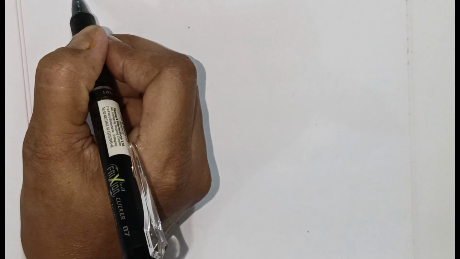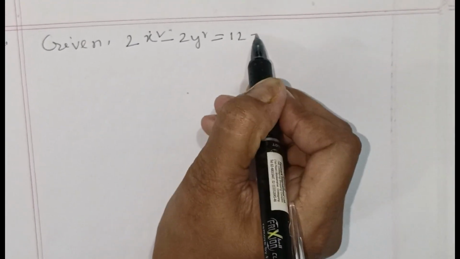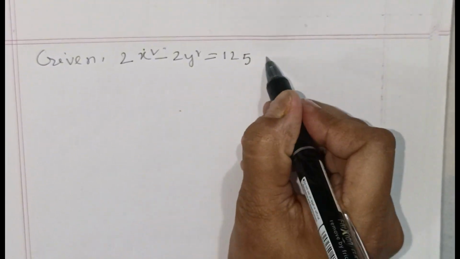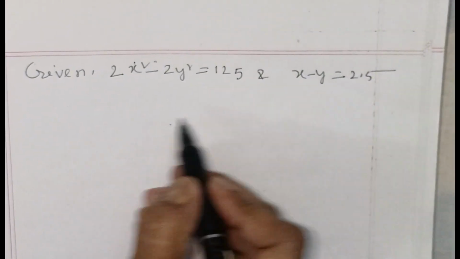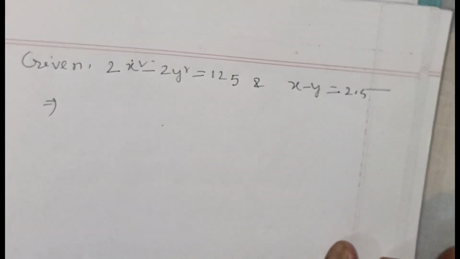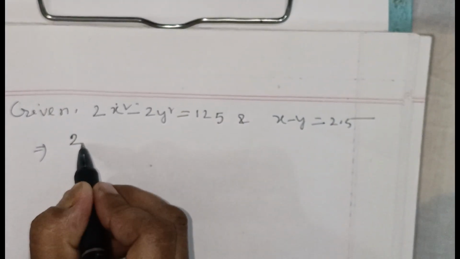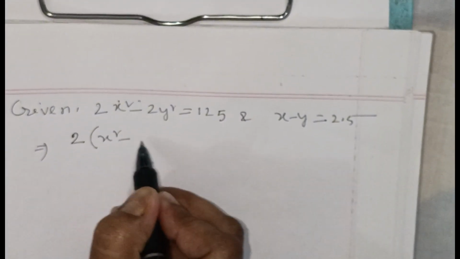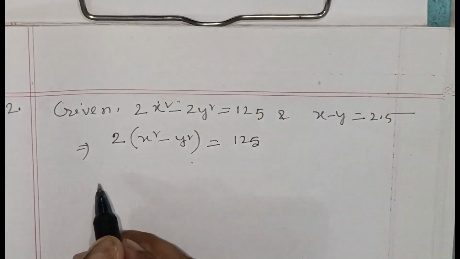Given 2x square minus 2y square is equal to 125 and x minus y here value 2.5. So I will do the math with the given terms. So here I will take 2 common. So x square minus y square, 125.